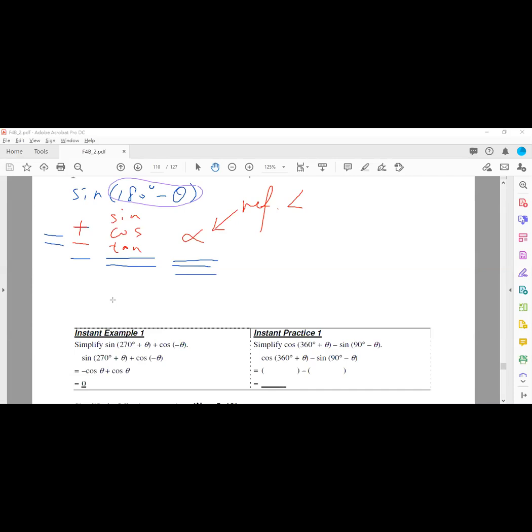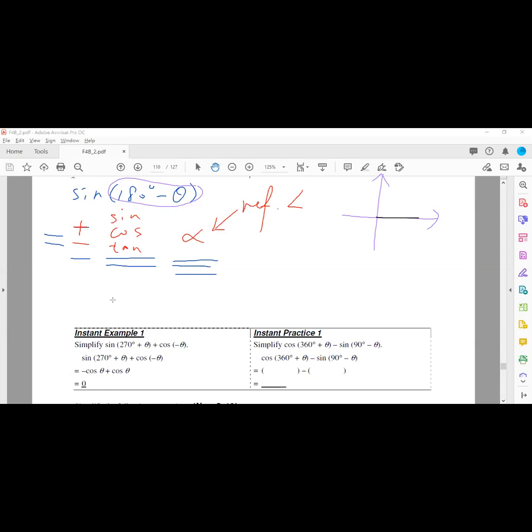OK，嗱，記住我呢度啊，我哋咧好似一開頭咁樣轉咗條邊。We are going to rotate the side. Okay, so just draw this cross, this coordinate plane, x-axis, y-axis. We always start from the positive x-axis. Okay, and now if it is 180 degrees minus theta, we first rotate 180 degrees first.